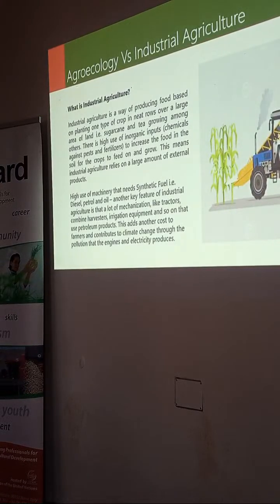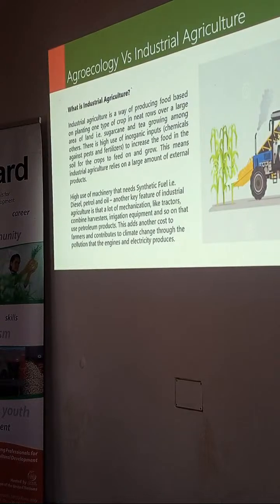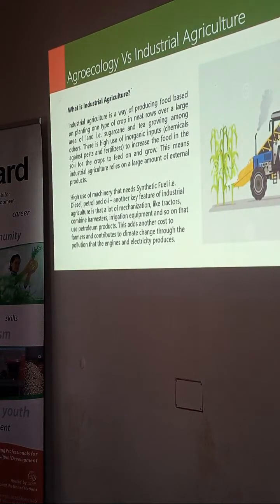So, industrial agriculture is also a way of producing food based on planting one crop, that's monoculture, and then bringing in a lot of external inputs, the chemicals, pesticides and fertilizers, because there is a need to boost production. We already know that over time the soil will begin depleting.